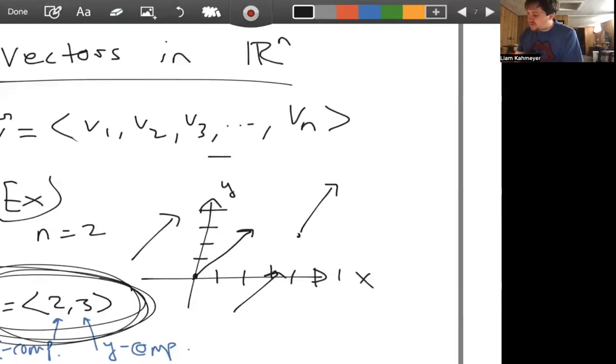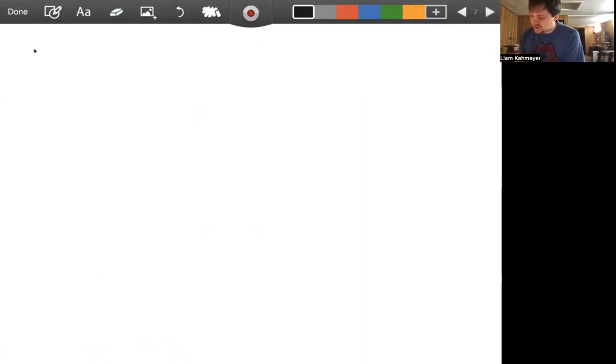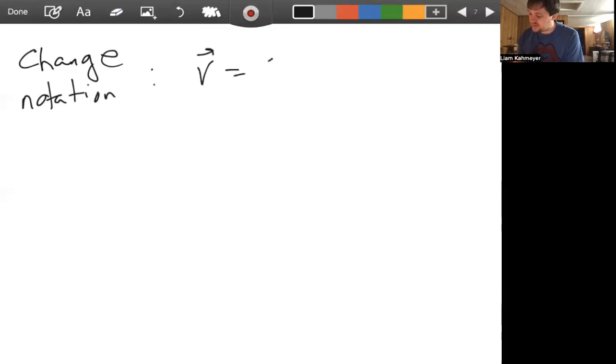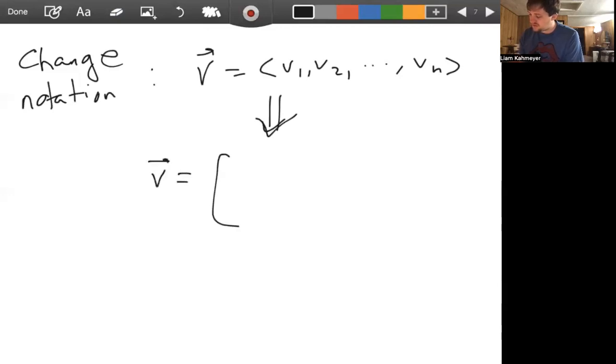We'll change our notation to be consistent with the matrix theory that we're doing here. So let's pass from v1, v2, ..., vn to v being written as a column vector, v1 through vn.